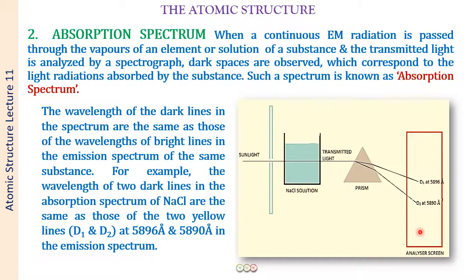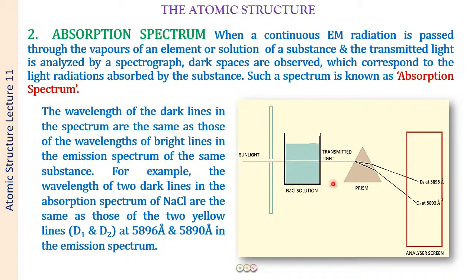And you will find this interesting, that wherever there are dark spaces in the absorption spectrum, there were bright lines in the emission spectrum. So the wavelengths of the dark lines in the absorption spectrum are the same as those of the bright lines in the emission spectrum.